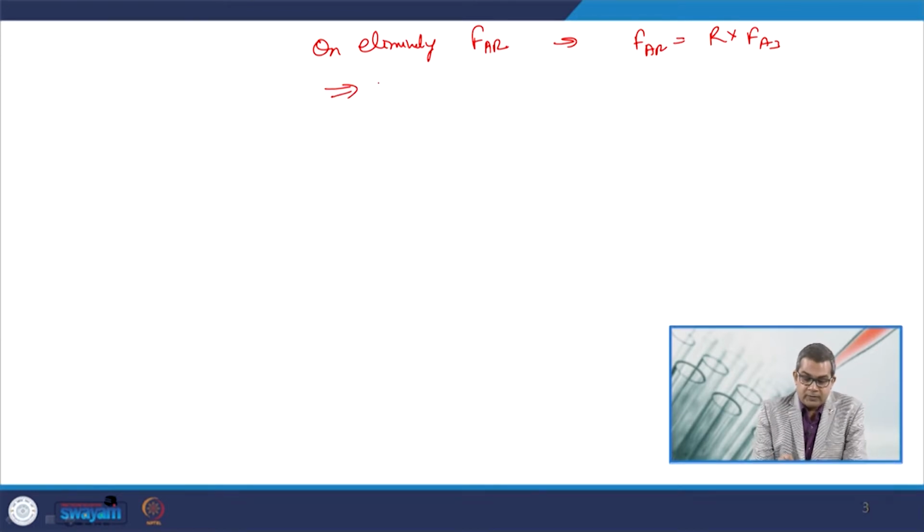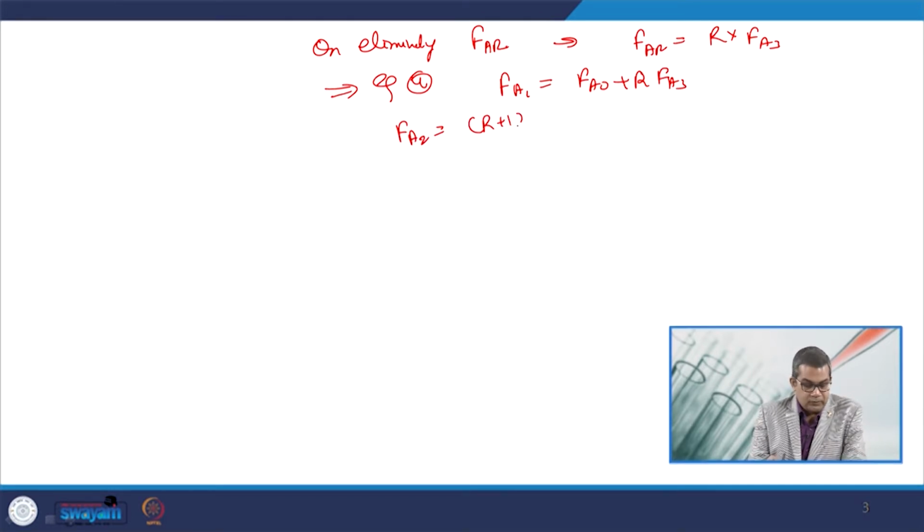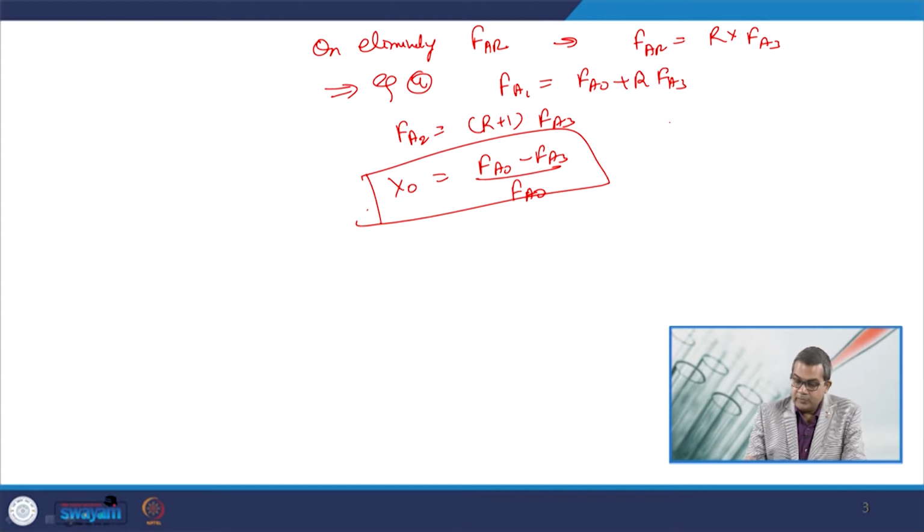From equation 4, FA1 is equal to FA naught plus R FA3, and with the help of equation 5, FA2 is equal to (R plus 1) FA3. So, X naught will become (FA naught minus FA3) upon FA naught. Similarly, XS becomes (FA1 minus (R plus 1) FA3) upon FA1.